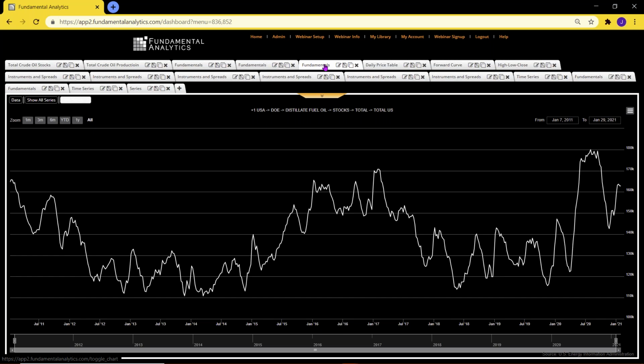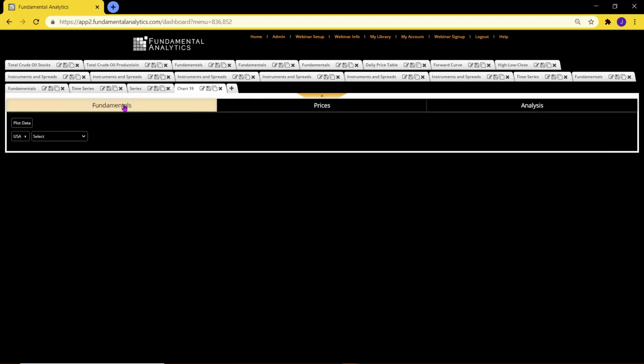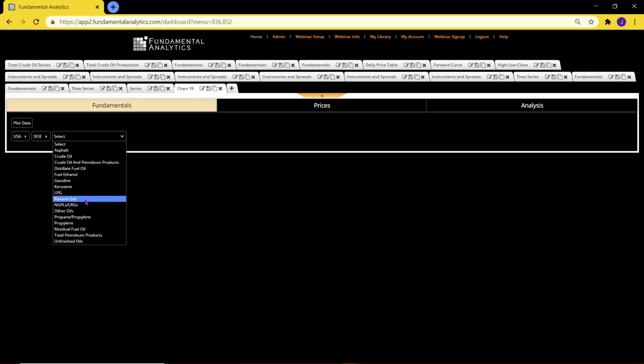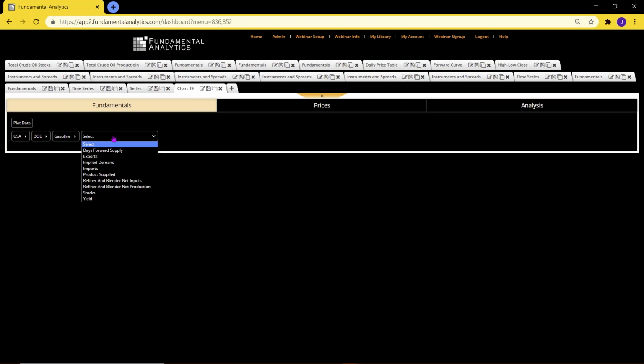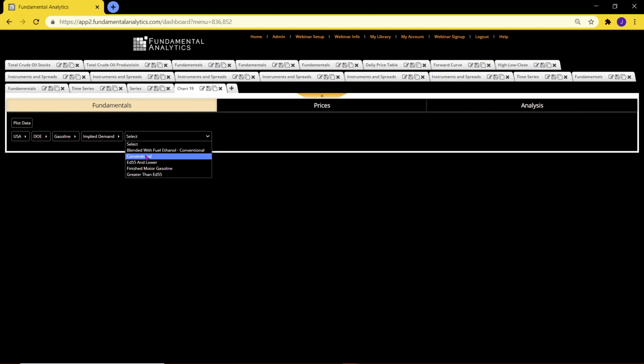Now, if demand picks up dramatically, let's look at gasoline demand. So total, where is gasoline? Here we are. We want demand for gasoline, and we'll use commercial.